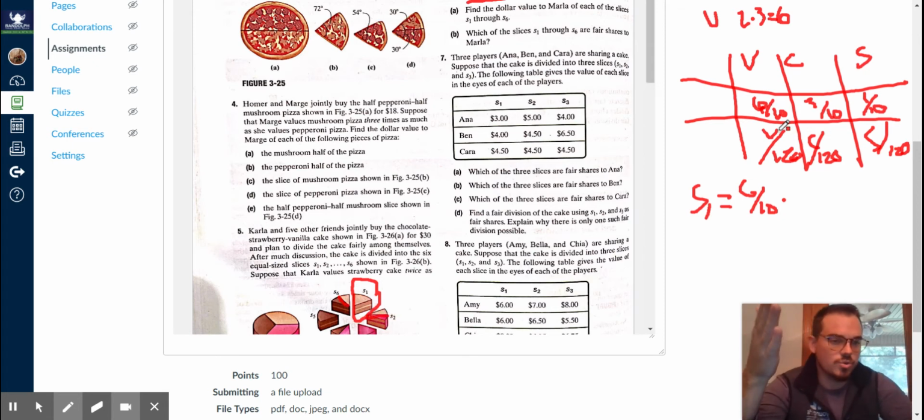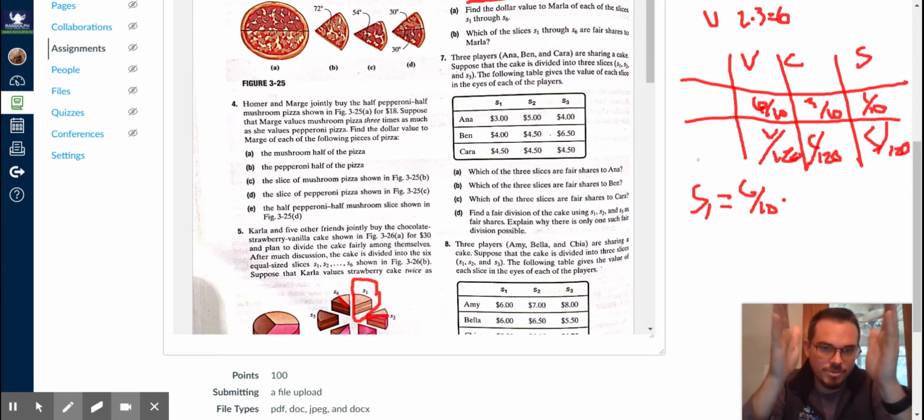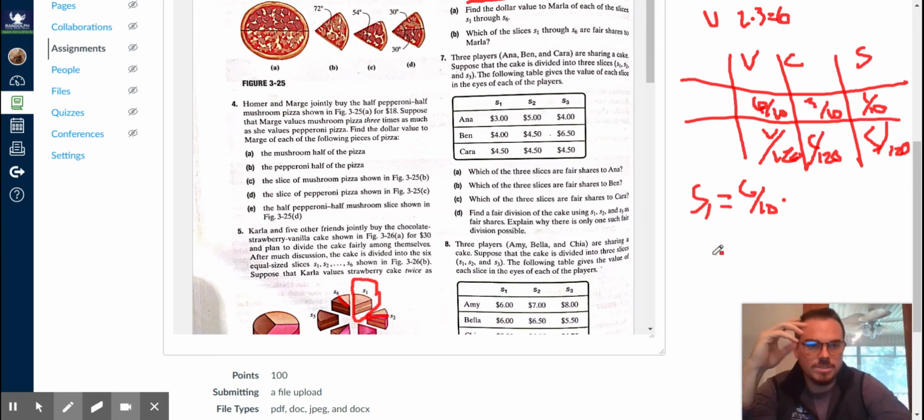So if we had 120 degrees and we split that up into 3 sections, here's vanilla. Here's our vanilla cake. We split it here. We split it here, right? This is going to be 30. This is going to be 30. And this is going to be 60. So for S1, it's going to be 60 out of 120.